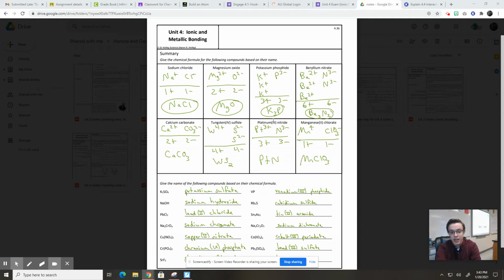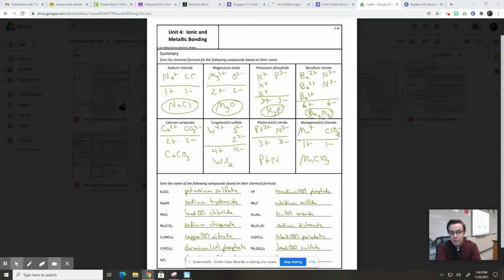You can see here platinum 3 nitride is PtN, and manganese 2 chlorate. Manganese has a +2 charge that needs to be edited. So good thing you're watching the video. Manganese has a +2 charge. Okay. Chlorate has a -1 charge.